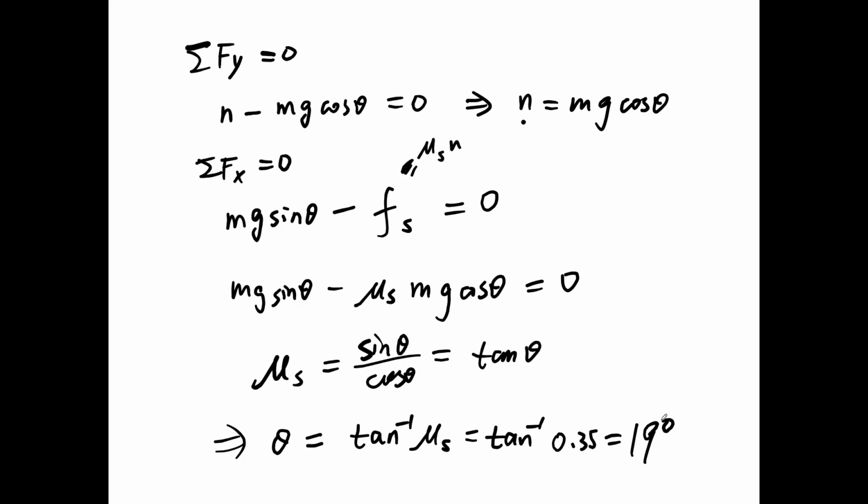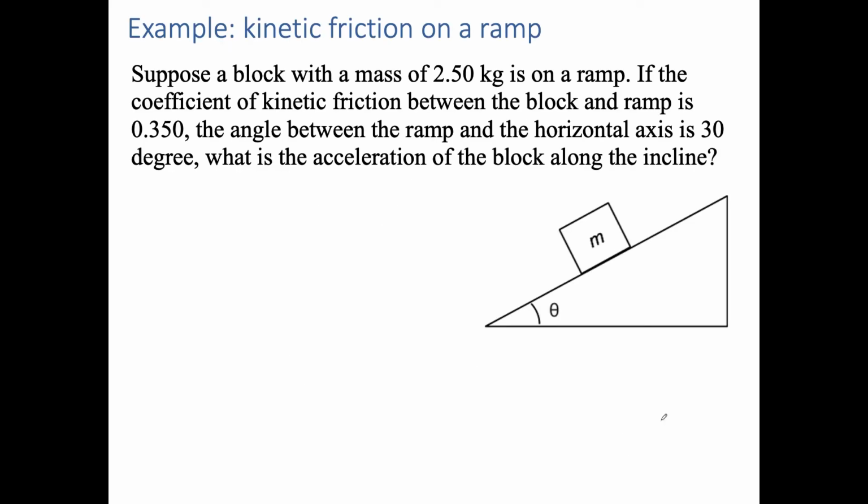Okay. The last example. We have a block, 2.5 kilogram. Coefficient of kinetic friction is 0.35 now. This angle is 30 degrees. What's the acceleration of the block moving along the incline? Free body diagram. Normal force, mg.